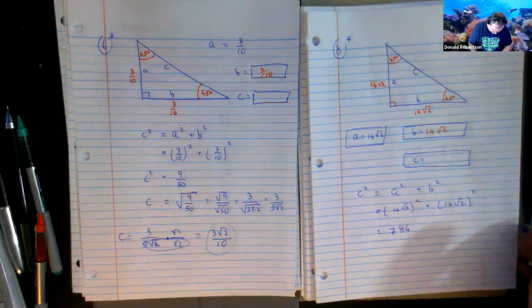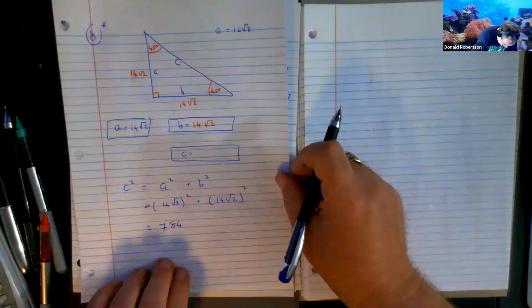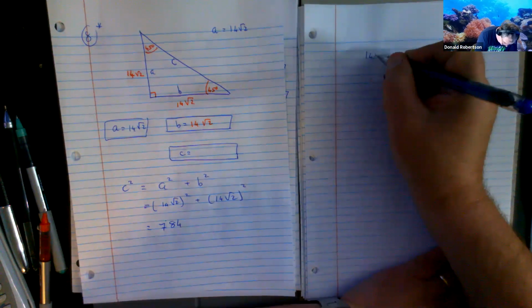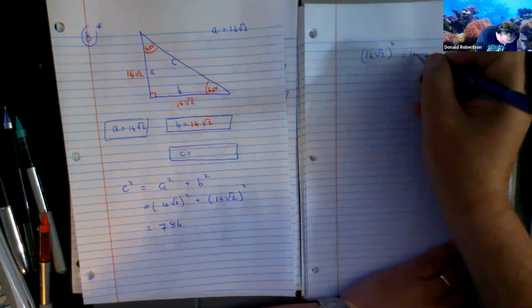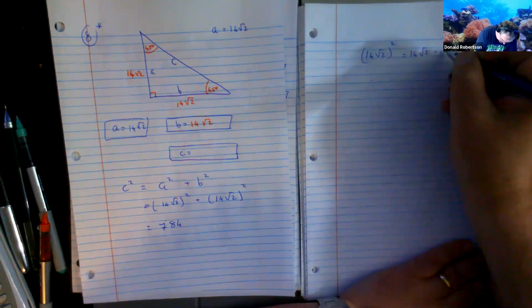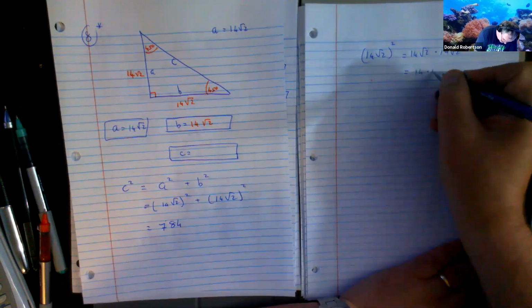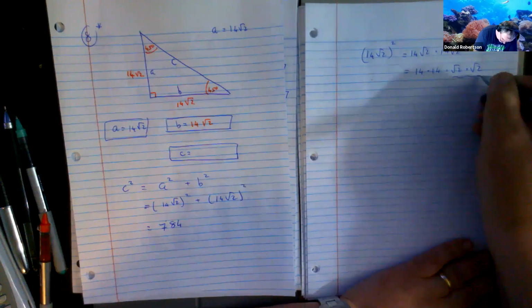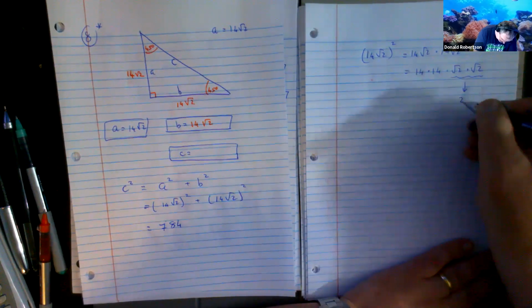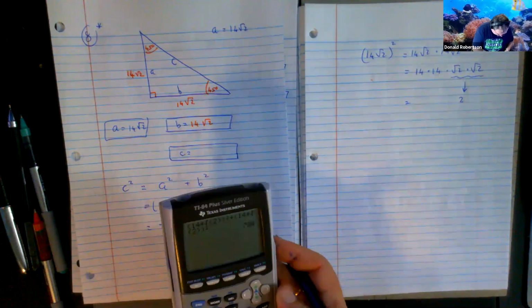Now, if you didn't want to do that calculation by just letting the calculator do it, this is what that guy looks like. It's 14 square root of 2s times itself, which means it's 14 times 14 times square root of 2 times square root of 2. Those guys get you 2, and that guy there gets you whatever 14 times 14 is.